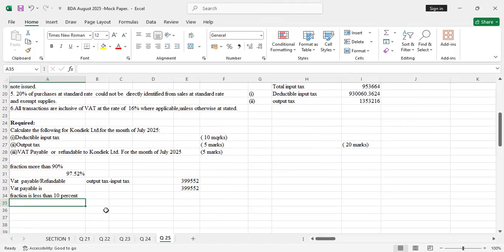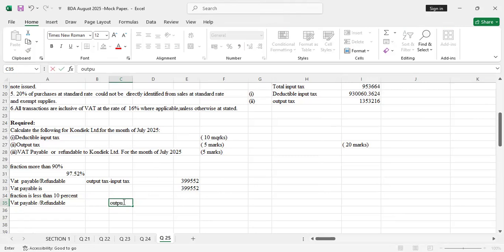Now, how would we get the VAT payable or refundable? In this case, this is the formula that will be used. The VAT payable or refundable will be the output tax minus 0.